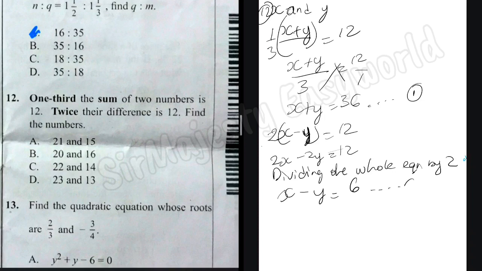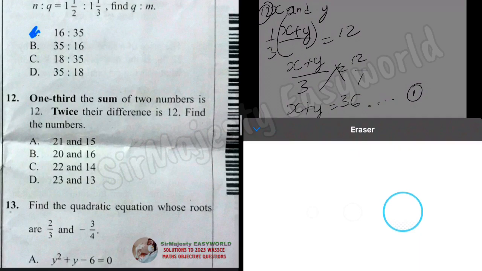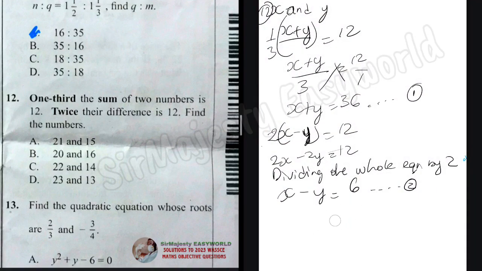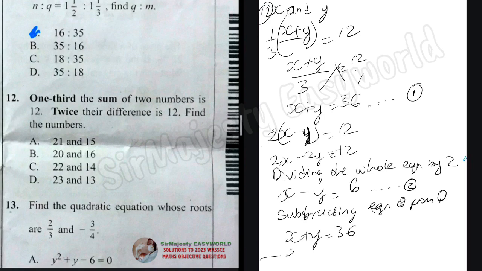So let's call this equation 2. This will give us a simultaneous equation, so let's subtract both equations. Subtracting equation 2 from equation 1: x plus y is equal to 36, minus x minus y is equal to 6.